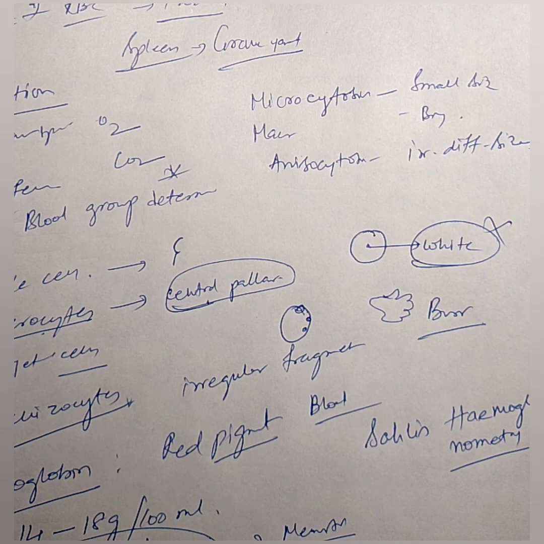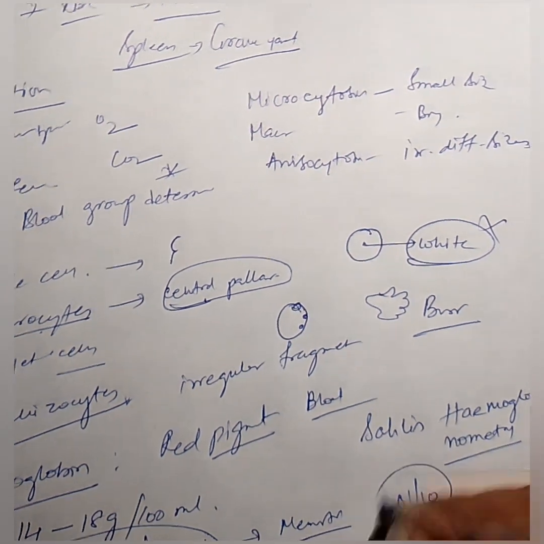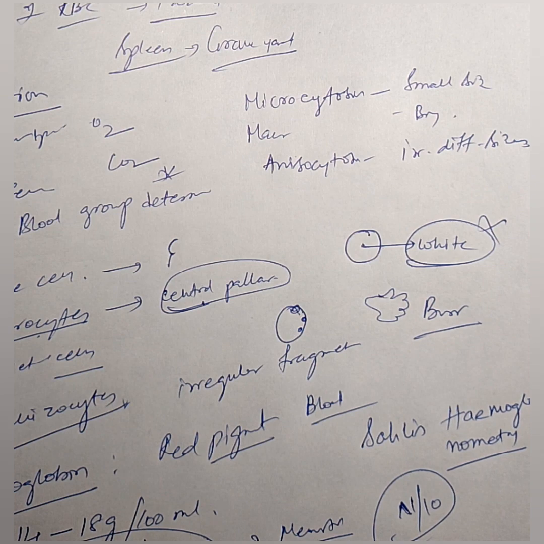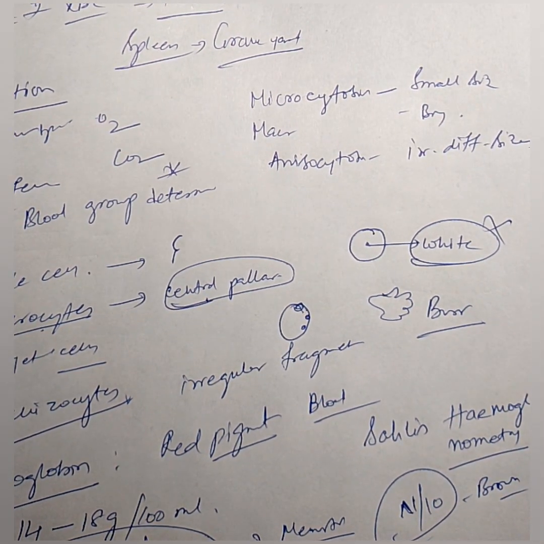And a lot of procedures are used for measuring hemoglobin. In this we use the hematin. The blood is converted into acid hematin by using N/10 HCl. This is the acid which is used for converting blood to hematin, which is brown in color.